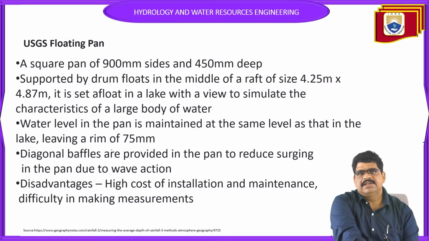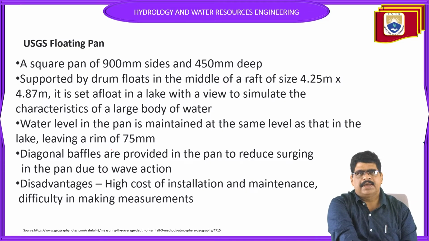Next one is the USGS floating pan. USGS, the United States Geological Survey, floating pan. In the floating pan, a square pan with 900 mm sides and 450 mm depth is supported by drums floating in the middle of a raft of size 4.2 by 4.87 meters. These are the dimensions given, and it is set afloat in a lake to simulate the characteristics of a large body of water.